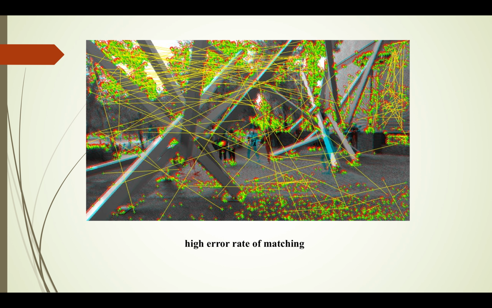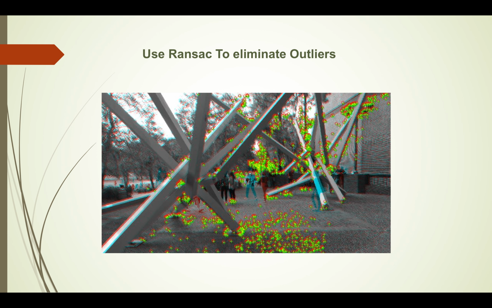That's one of the biggest disadvantages of SURF matching: it has a high error rate of matching. But this problem can be dealt with by a method called random sample consensus, that's RANSAC, which is an algorithm for eliminating mismatched pairs.